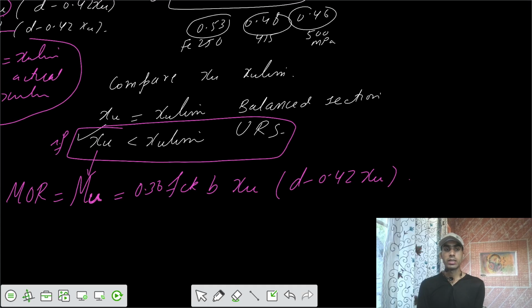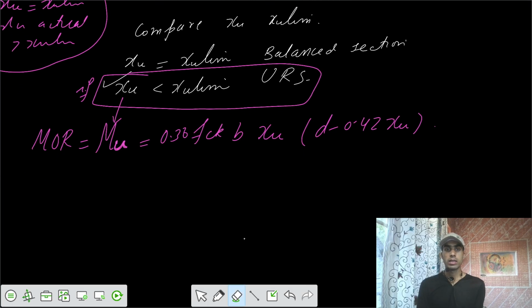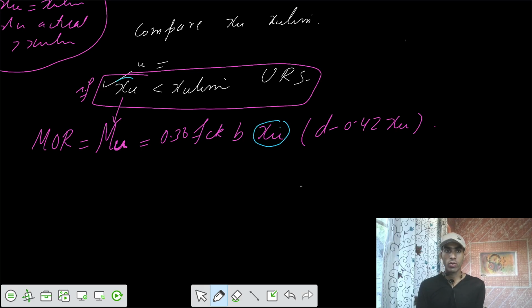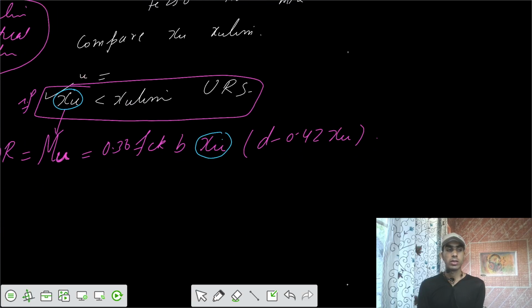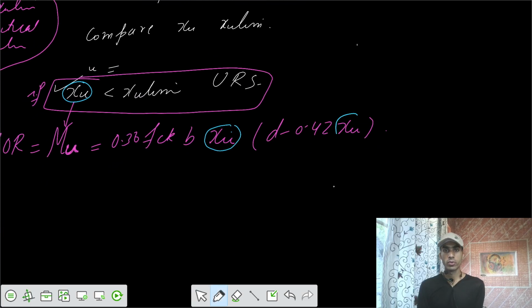First, once you compare Xu and Xu limiting, if Xu is lesser than Xu limiting, this is an under-reinforced section, and we would prefer it. For that, we write Mu equals 0.36 fck b times Xu, d minus 0.42 Xu. And the value of Xu is the actual value we have from the calculations, from the first step. You have to take that same value here.